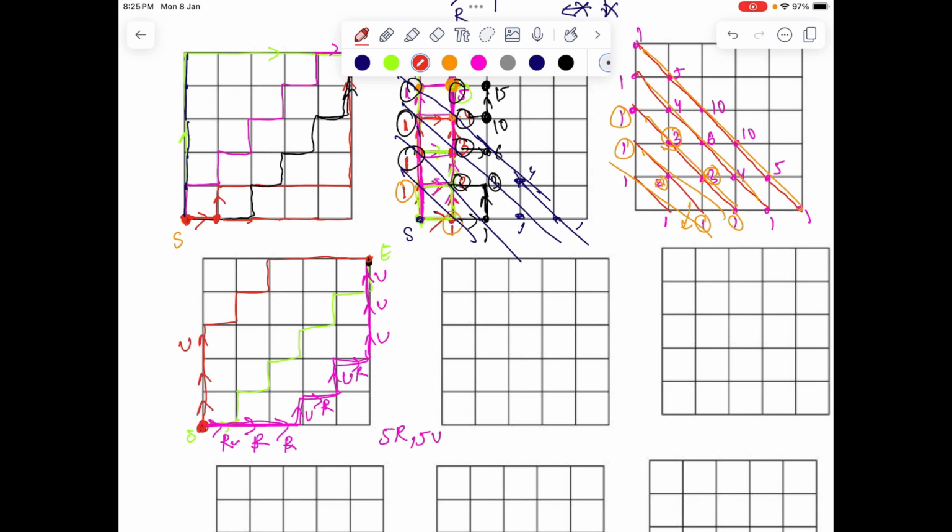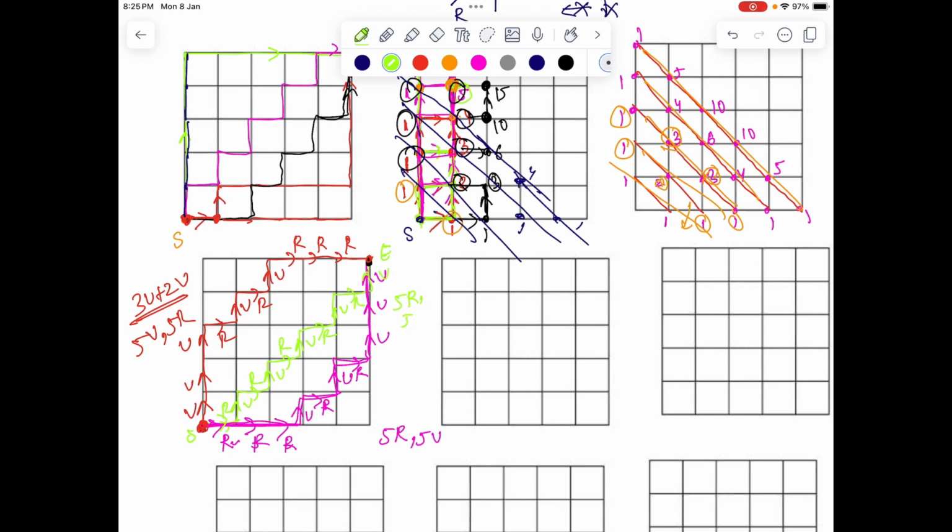So let's say this red one: 1, 2, 3 up. We have again right, up, right, up, right, right, right. So again, the red path has 3 up plus 2 up, which gives you 5 up, and we have 5 right. What about the other one? Let's count again. We have right, up, right, up, right, up, right, up, right, up.